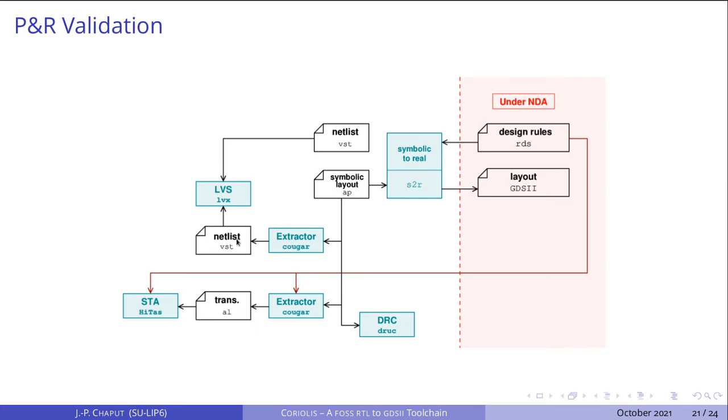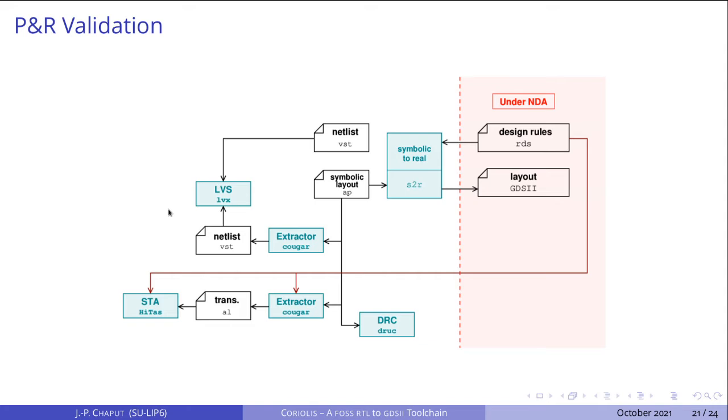And then we can compare the original netlist of the specification with the extracted one coming from the layout through an LVS, layout versus schematic, or in our case, layout versus extracted, to see that we really have the design we want. Those are the two first basic steps.